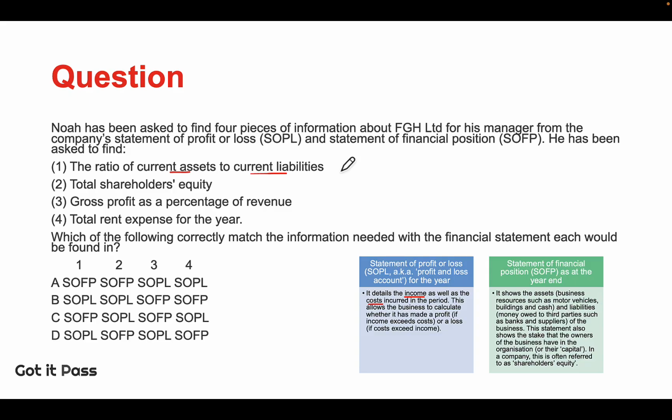Seems not right, so they shouldn't be in the statement of profit or loss. And then shareholders' equity, is it income or cost? Seems not. Gross profit and revenue, yes, are income. And for the rent expense, it's quite clear that it's under the cost item. So based on the analysis, you can pick the right option here from A, B, C, or D to answer this question.